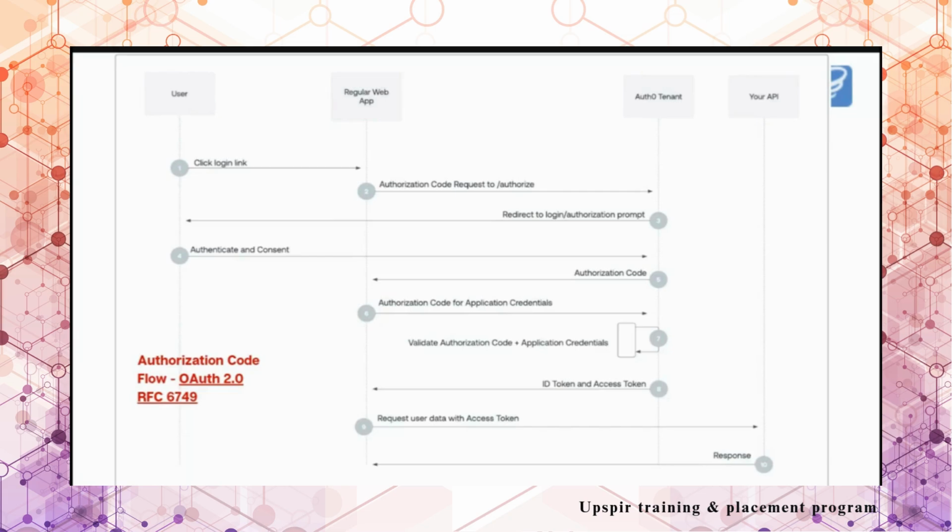So this kind of flow is there whenever we are implementing authorization code in OAuth 2. Basically, we are avoiding the entry of username and password. This Auth0 tenant is a system in which the login information is pre-built, and using it, you are able to authenticate and authorize without needing to maintain a separate login on your web app.